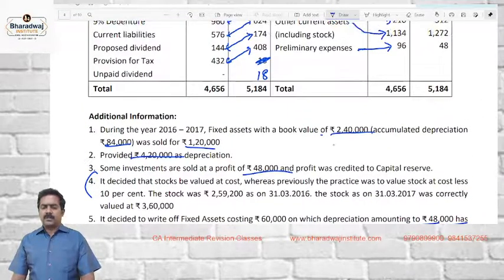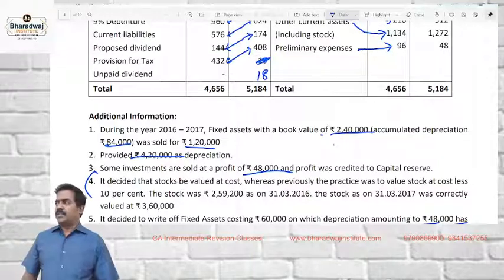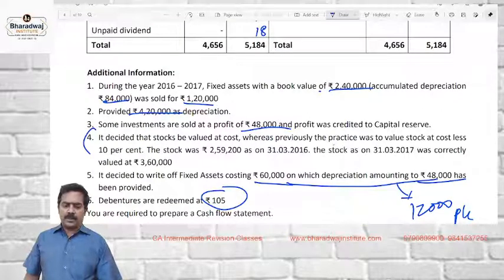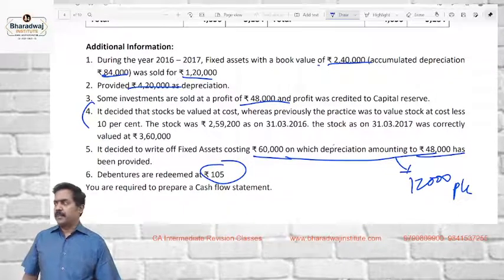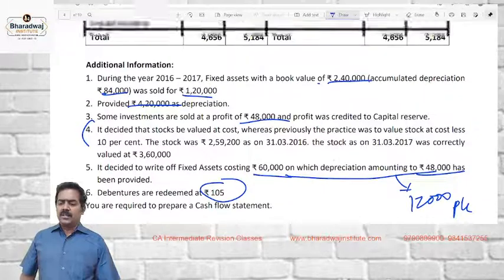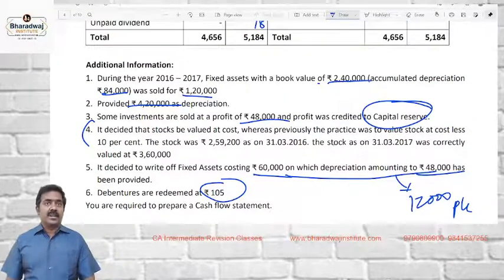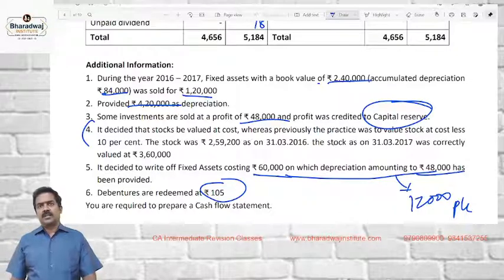So first let us prepare accounts required for the adjustment. What are the things? Fixed assets account and accumulated depreciation account let us prepare. Investment account also we can prepare. Please remember that profit has not gone to P&L account. The profit was credited to which account? Capital reserve account. Start.